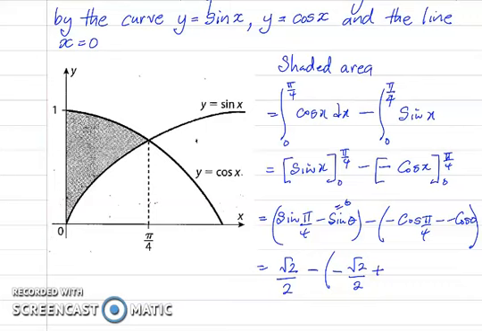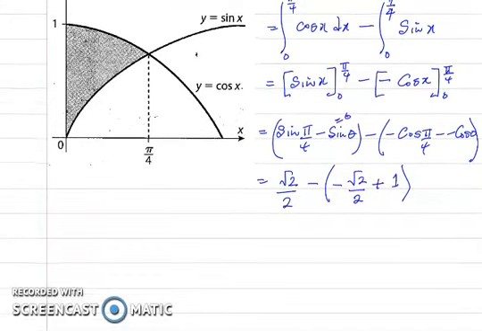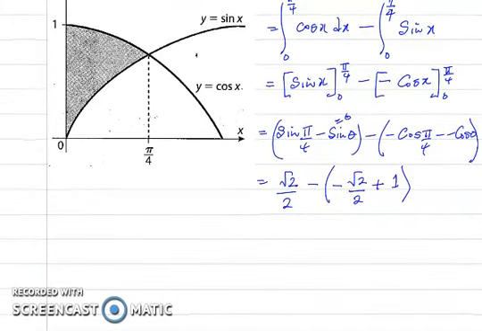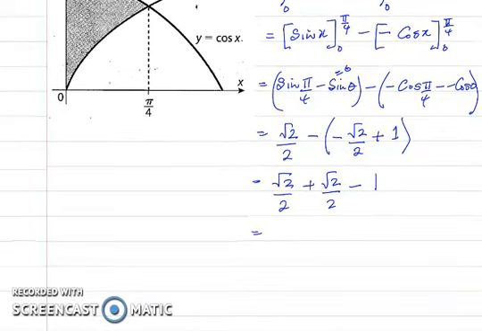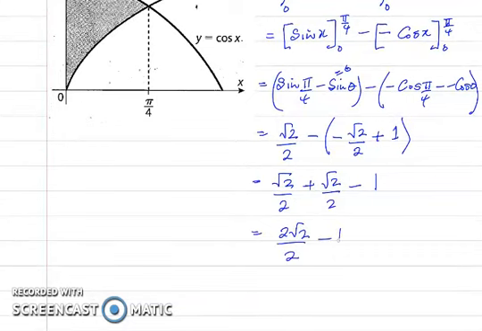The cosine of 0 is 1. So next I can remove the bracket by applying the distributive law. So I have root 2 over 2 plus root 2 over 2, minus 1. So this becomes 2 root 2 over 2 minus 1.